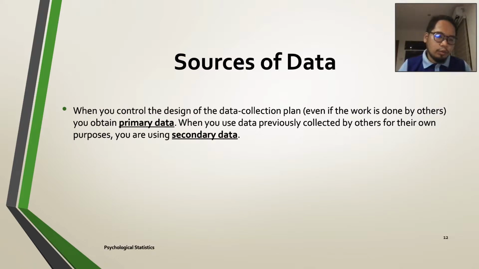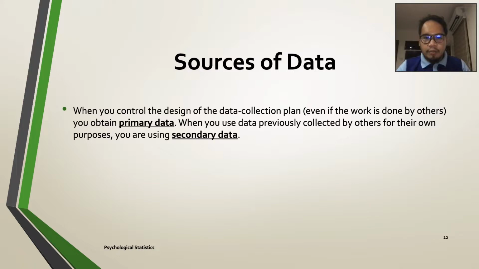So when you control the design of the data collection procedure, even if the work is done by others, you obtain primary data. What we mean by work is done by others: even if the plan is copied, even if the questionnaire is a standardized questionnaire copied from a different study, but you are the one who collected those data.